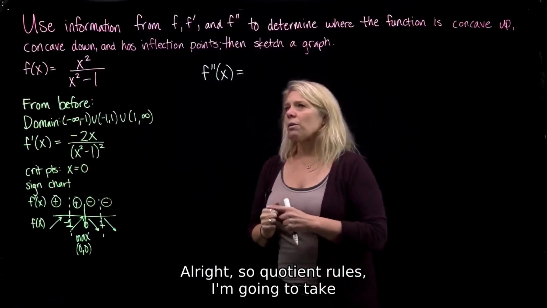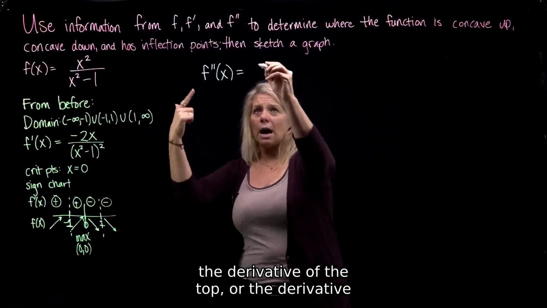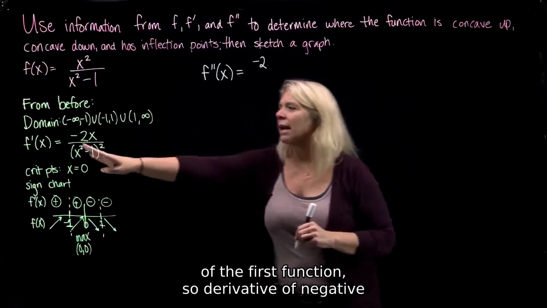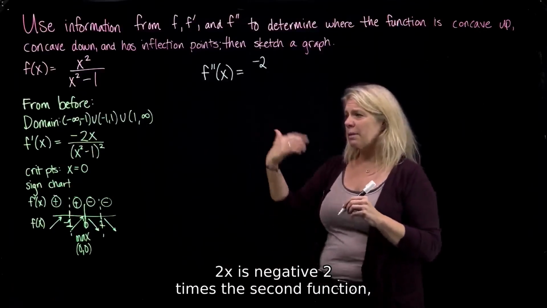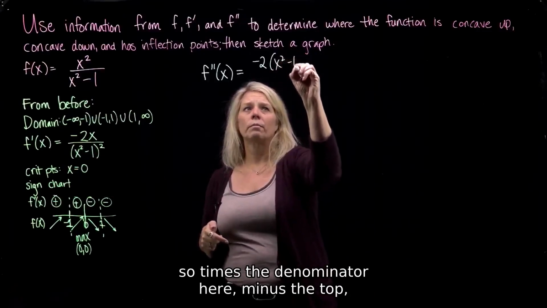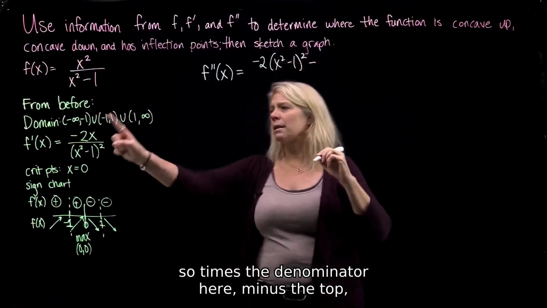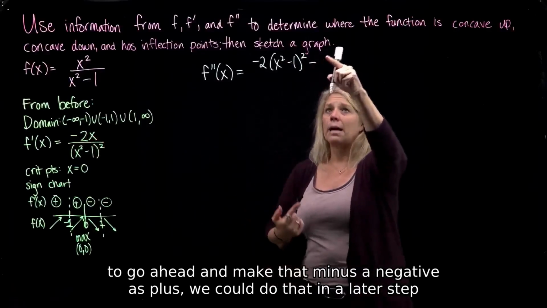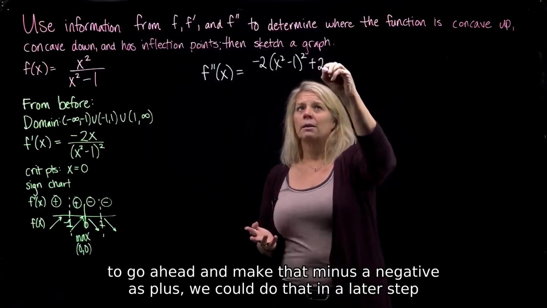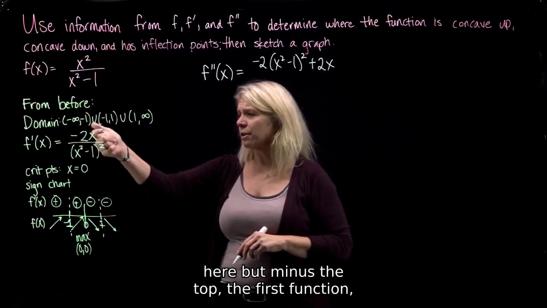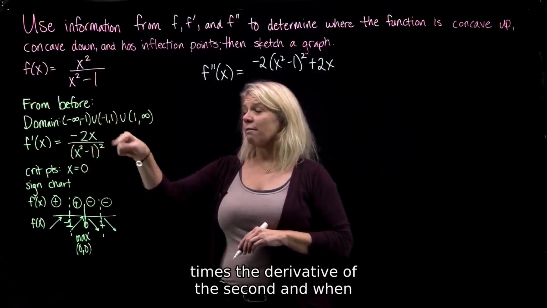All right, so quotient rule. I'm going to take the derivative of the top, or derivative of the first function. So derivative of negative 2x is negative 2, times the second function, so times the denominator here, minus the top. So I'll have minus negative 2x. I'm going to go ahead and make that minus a negative as plus. You could do that in a later step, but minus the top, the first function, times the derivative of the second.